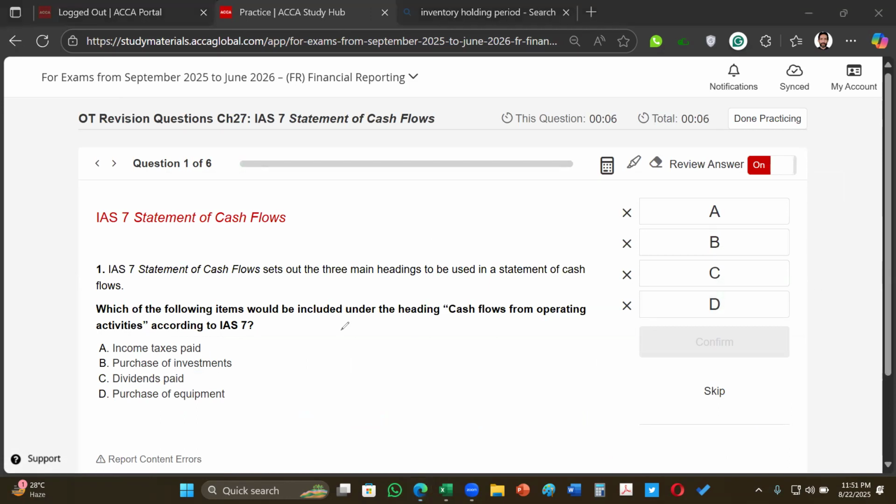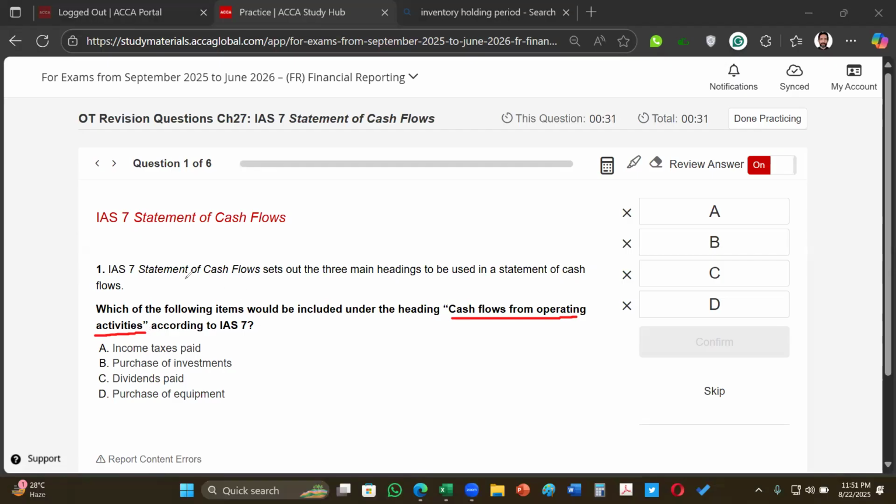Which of the following items would be included under the heading cash flow from operating activities? When you look at the cash flow statement, the most tricky part is the cash flow from operating activities. It sums up to around 55% of the cash flow statement. They want us to identify the items that go in the operating activities.